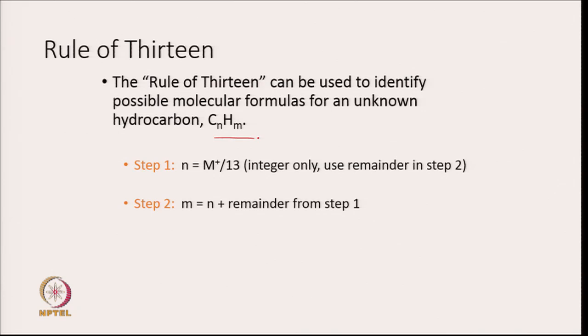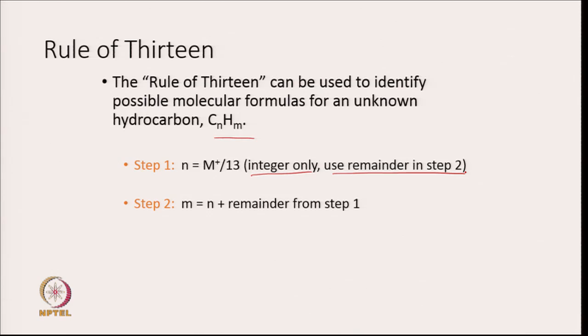So, the first step is that you divide the molecular mass of the hydrocarbon by 13, and that is why this is known as the rule of 13. It will give you an integer, and the remainder we are going to utilize in step 2.